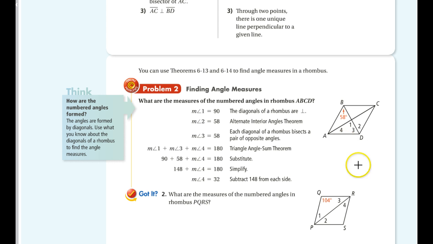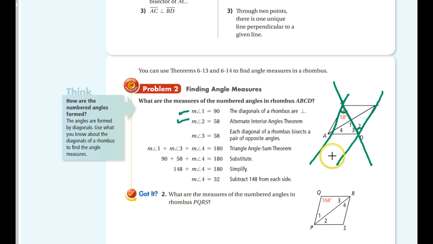These two lines are parallel, and here's our transversal, and we've got this interior angle and this other alternate interior angle, so that means angle 2 has to be 58. So we've gotten these two now.